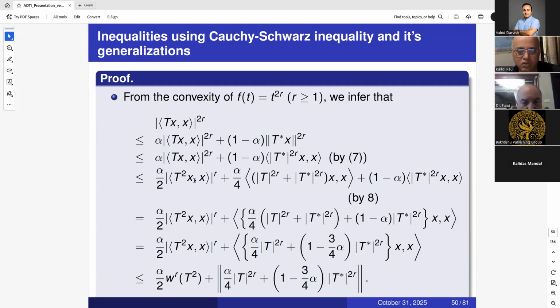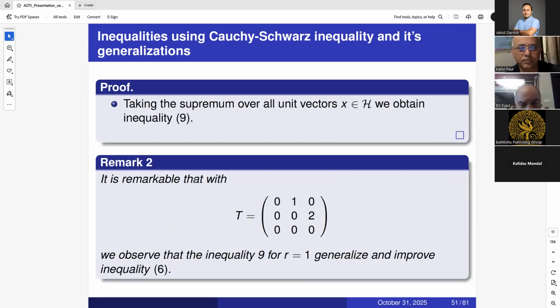When you need to break things up into alpha plus (1 minus alpha), when you need to use Cauchy-Schwarz or Buzano's inequality, or maybe Cartesian decomposition, you need to know how to use those things. And this is a simple example to show that these inequalities improve on the earlier known inequalities.